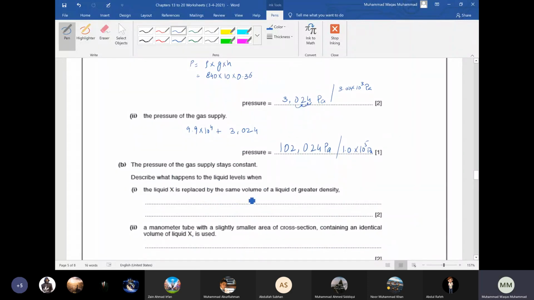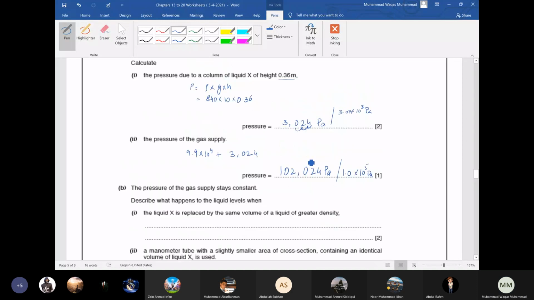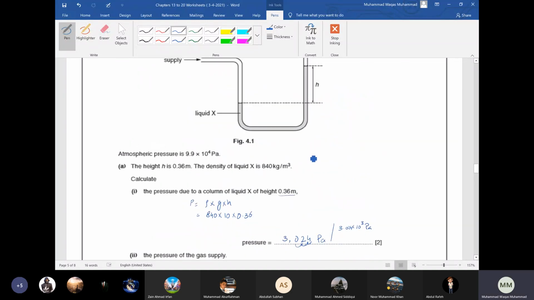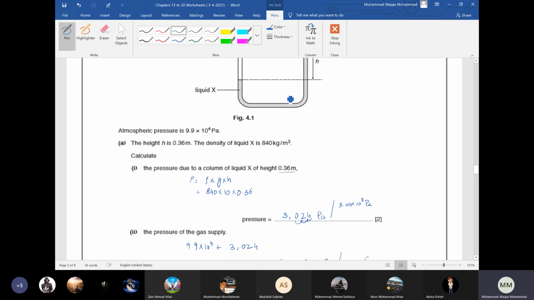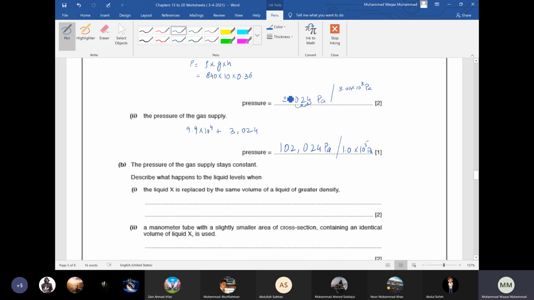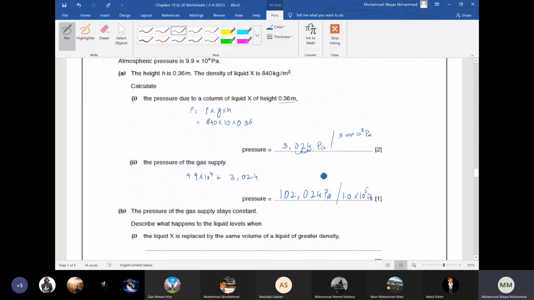Shabash. Now, beta, first of all the gas pressure stays the same, right? Right or wrong, beta? Now X is replaced by the same volume. The volume of the liquid is the same but of greater density.